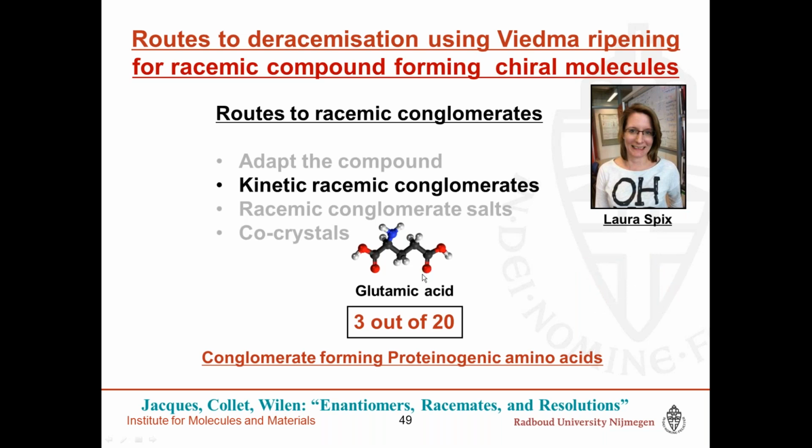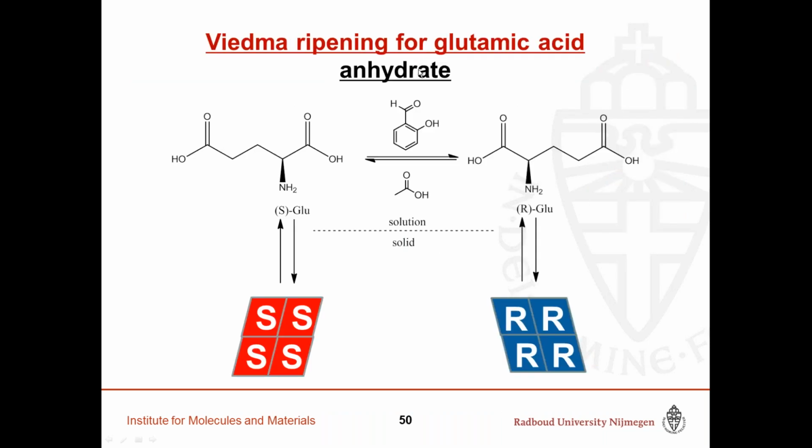So that's why she worked on glutamic acid, and in fact she needed the anhydrate of it. And if you use salicylaldehyde as the racemization catalyst, and you work in pure acetic acid, then you can have a racemization reaction between the two enantiomers of glutamic acid.